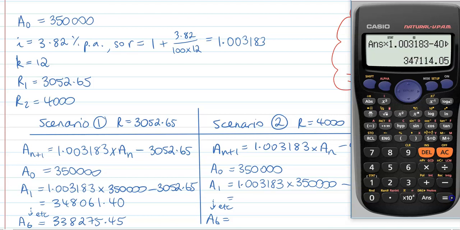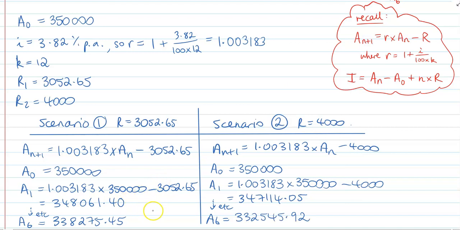Our value after the first recursion, or first month, is $347,114.05. Second month, third, fourth, fifth, sixth month, the balance on scenario 2's loan will be $332,545.92.